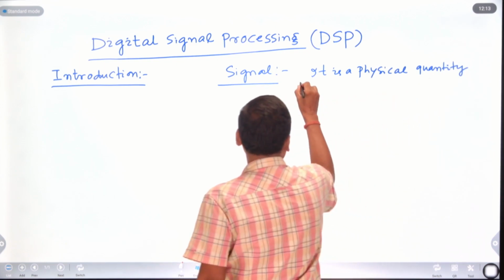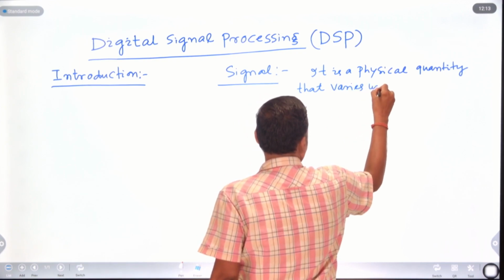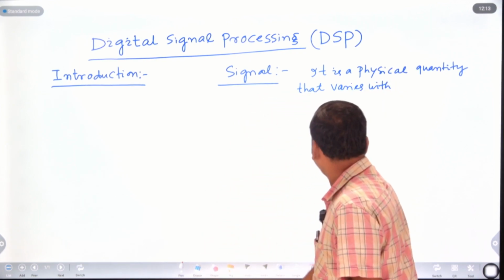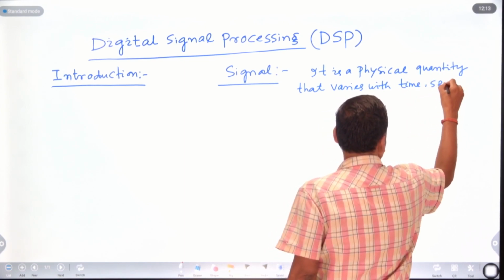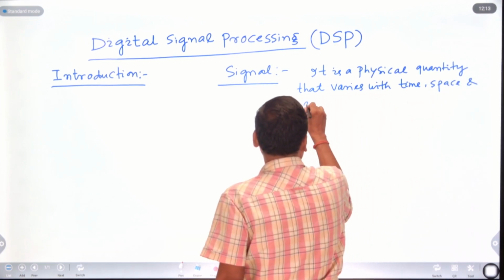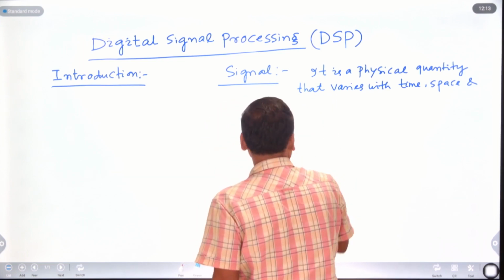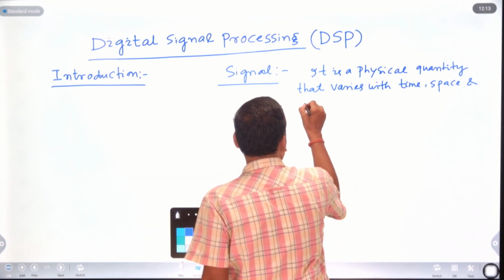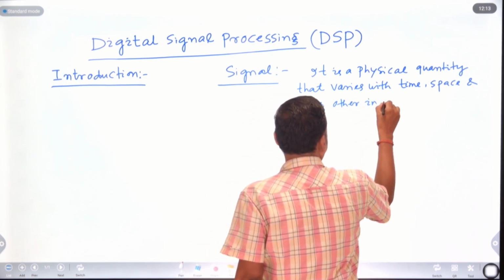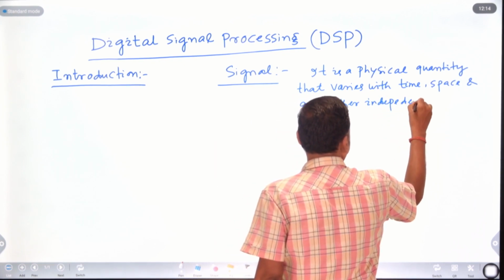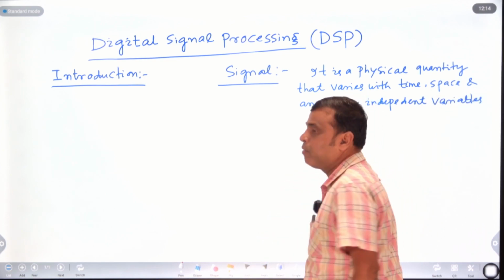that varies with time, space, and any other independent variables.